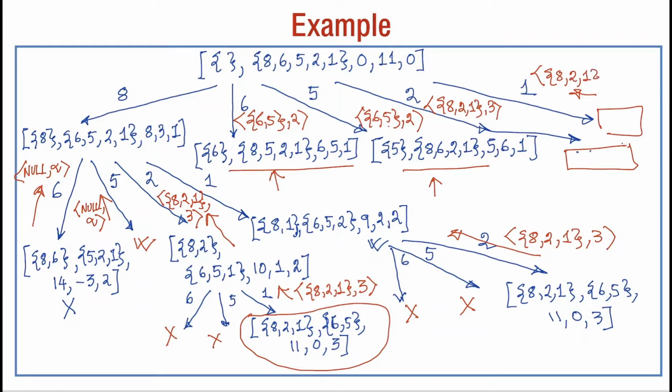I have not worked out each of these steps, but this is what we will get. And this will also return 8, 2, 1, 3.